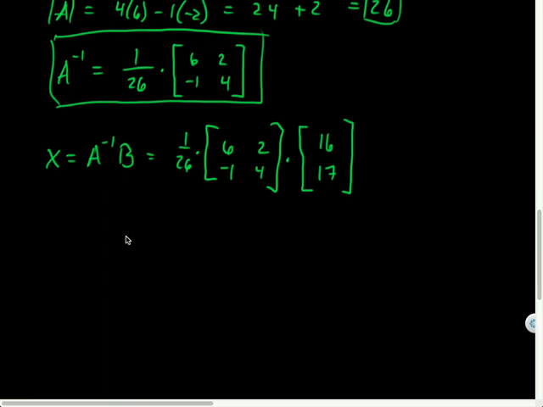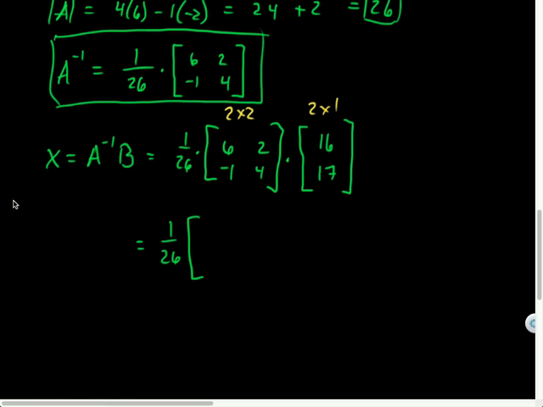So let's calculate this. I'm going to deal with the 1/26 until the very end. I've got a 2 by 2 multiplied by a 2 by 1. So I'm expecting a 2 by 1 answer. So 2 rows, 1 column. So I'm going to multiply this row by that column.